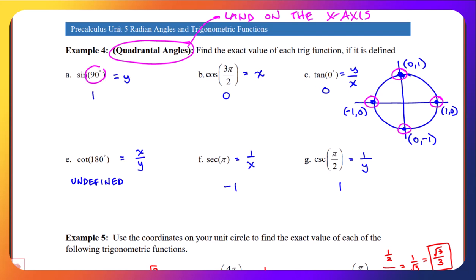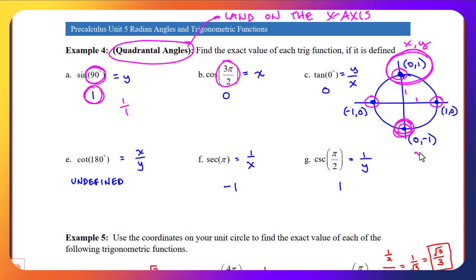So for 90, we're talking about this point. The x is 0, the y is 1, and because it's the unit circle, the radius is always 1. And so sine is y over r, or the hypotenuse, and that's where we get 1. 3 pi over 2 is down here, though.